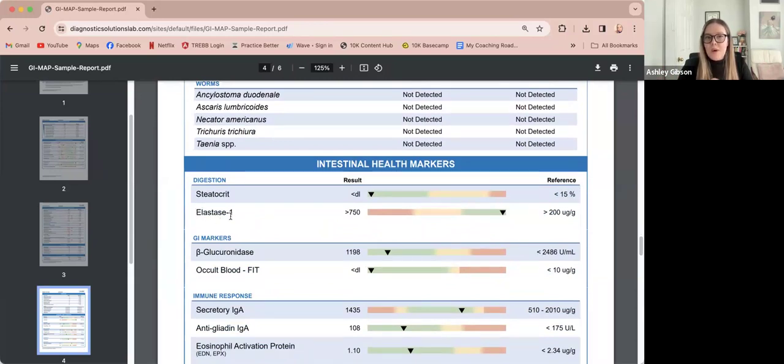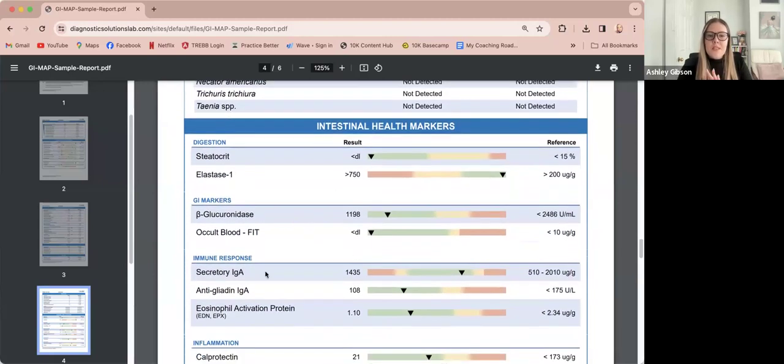That's a sign that the body's not digesting food, specifically protein, appropriately because there are not enough pancreatic enzymes on board. And this steatocrit up here is telling us more with regards to carbohydrate digestion. Most of my clients, this is actually usually pretty good.